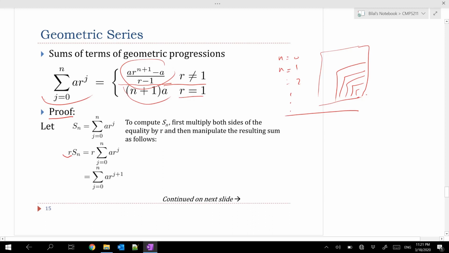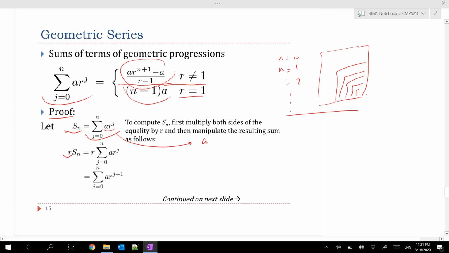So it's known that this summation, S_n, is equal to the sum of all the a r^j from j equals 0 to n. By the way, we can unfold it here just to make sure that we understand what's happening.